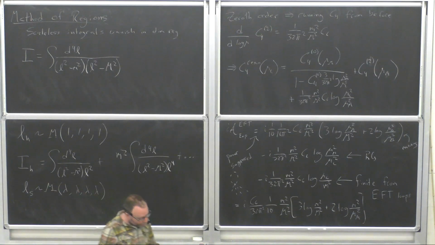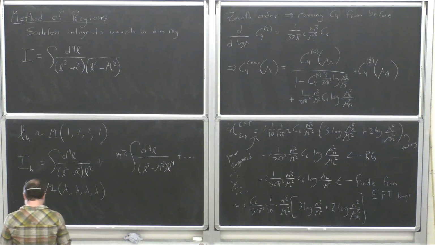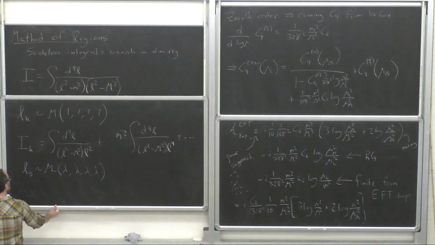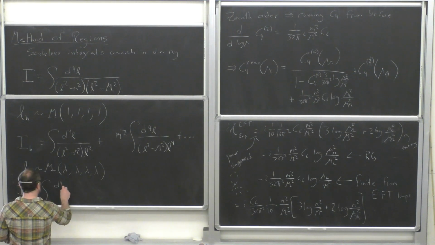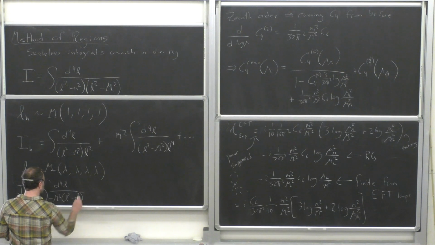And let's see. So now we can write I soft is equal to the integral d^4 L over minus m squared, L squared minus little m squared.